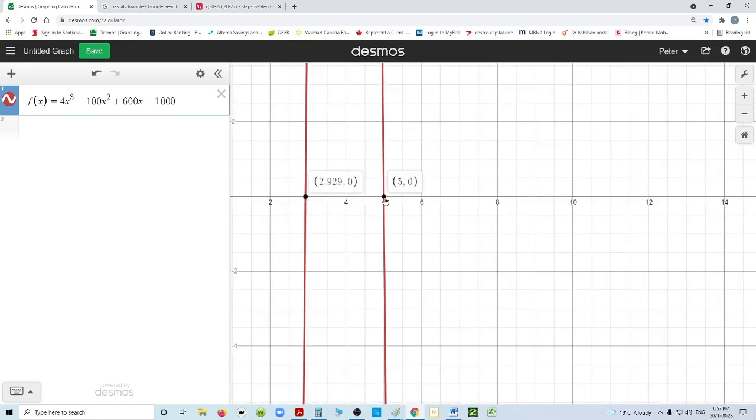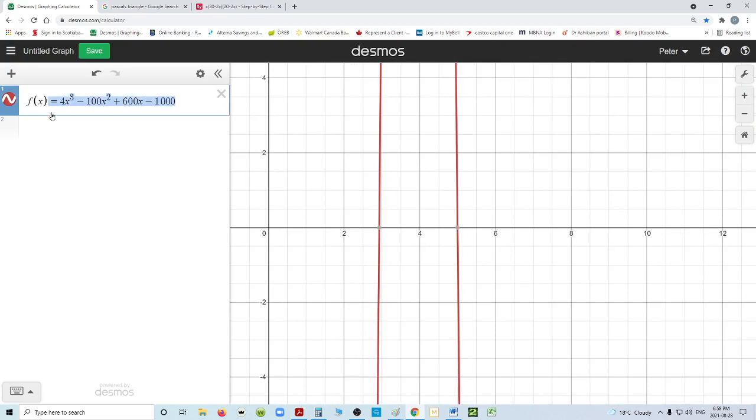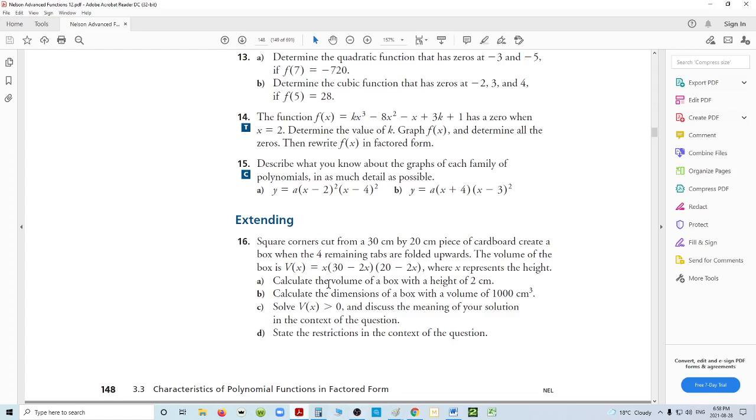So we'd have to figure out the 5 to have a really good chance. Very hard question to do without knowledge of how to factor these. I hope you sort of understood what I was going for, though. I know how to factor it with my current knowledge, but I don't know how to factor it with the knowledge they've taught you so far in this chapter.